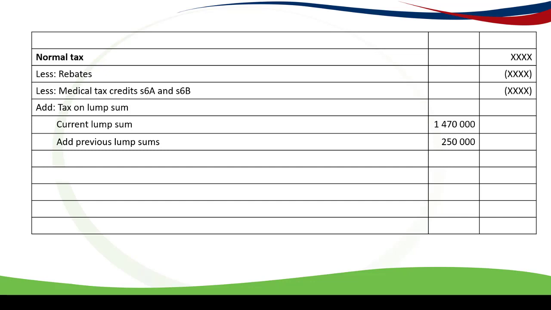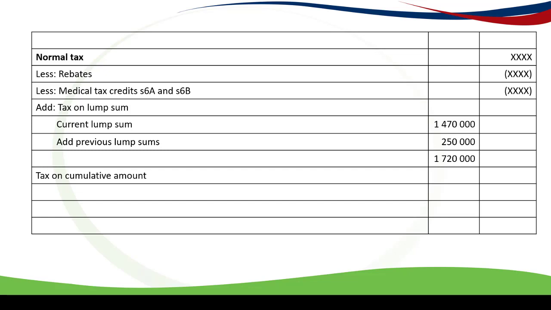It was actually during 2010, and so we can add the previous lump sum of 250,000 rand. Remember, we add all previous lump sums that are after those specific dates. So in this case, the cumulative lump sum is 1,720,000 rand, and we're going to need to take that to the applicable table for the current year of assessment.